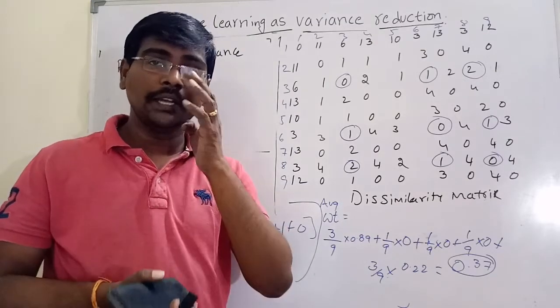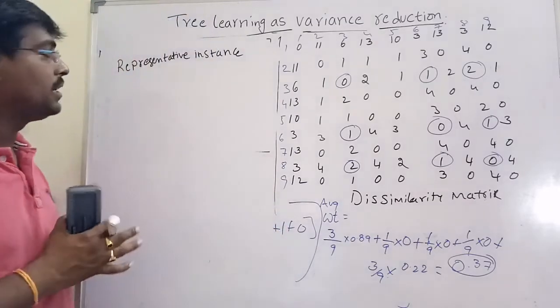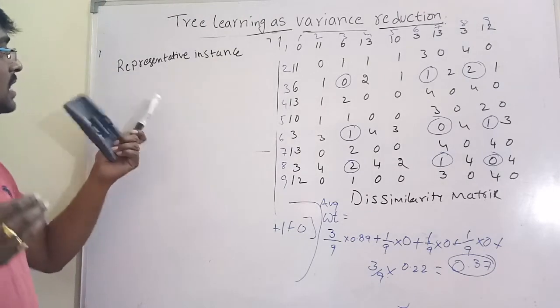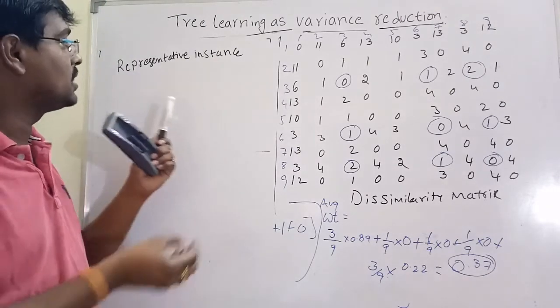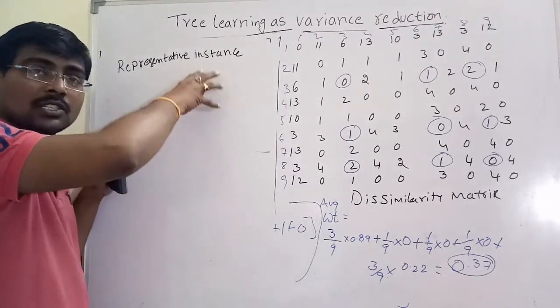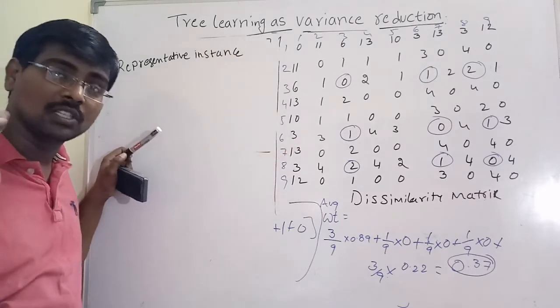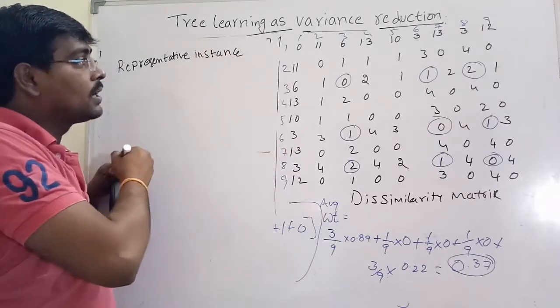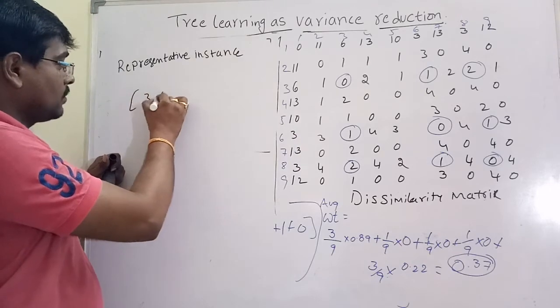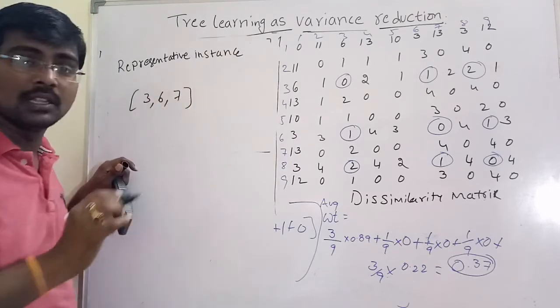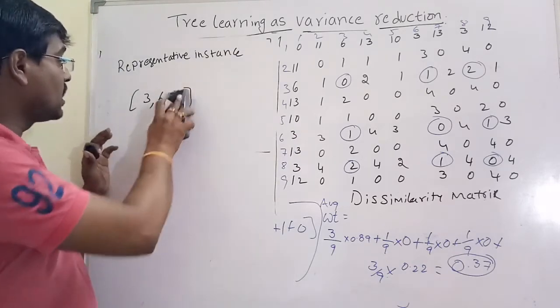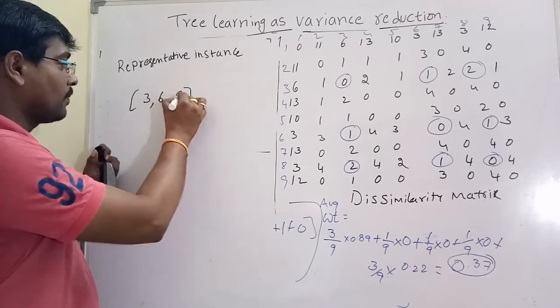What is a representative instance? A representative instance means the sum of square distance from that instance to all other instances is low. Suppose consider 3, 6, 8 is my first split in model.